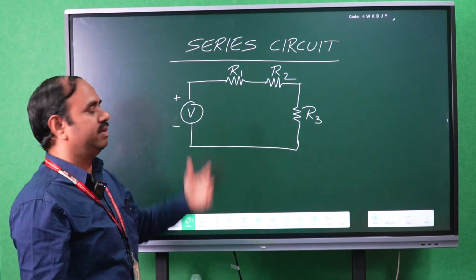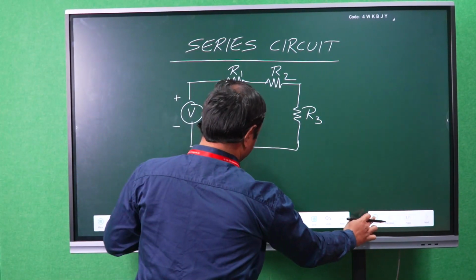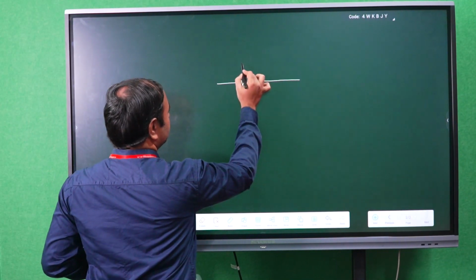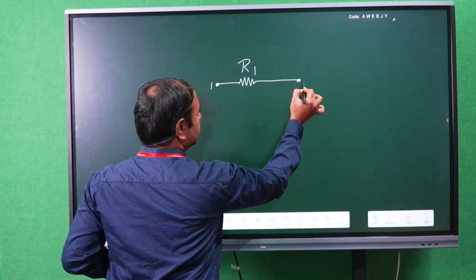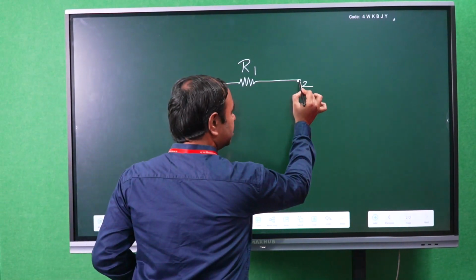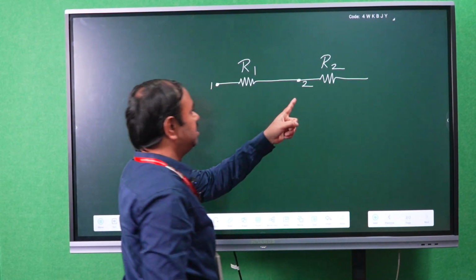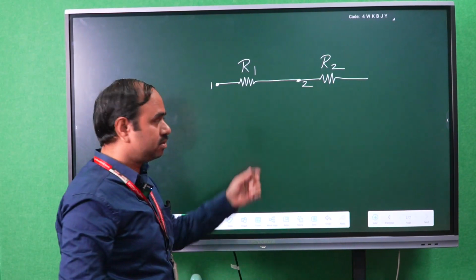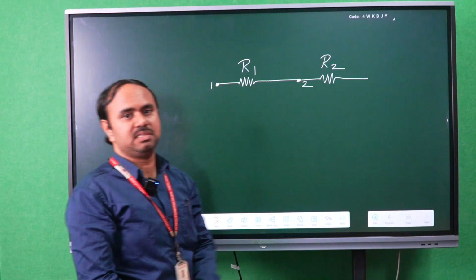So how are we classifying whether it is series or parallel? Let me say, R1 is a resistance which has a first end and a second end. If I am connecting one more resistance R2, so the end point of the first resistance is the second end, and the next resistance which is starting at the second end forms a series circuit.